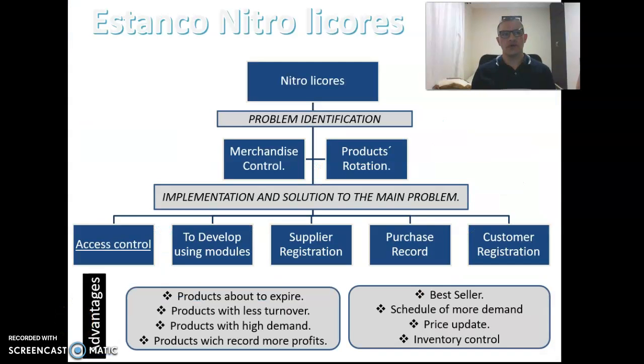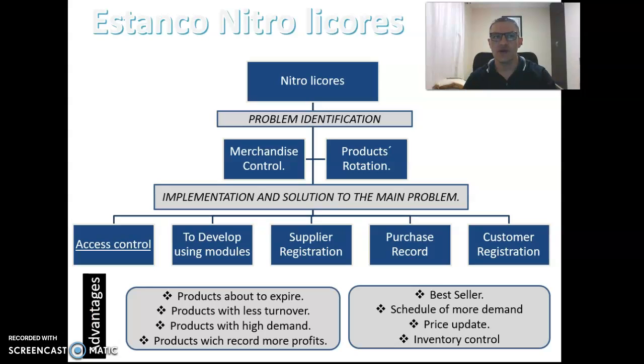To sum up, the two principal problems were identified at Estanco Nitrolicores through interviews: the control of the merchandise, meaning knowing the amounts of product bought and sold and the rotation of product, which means losses for the company that present products that are too close to their expiration date.